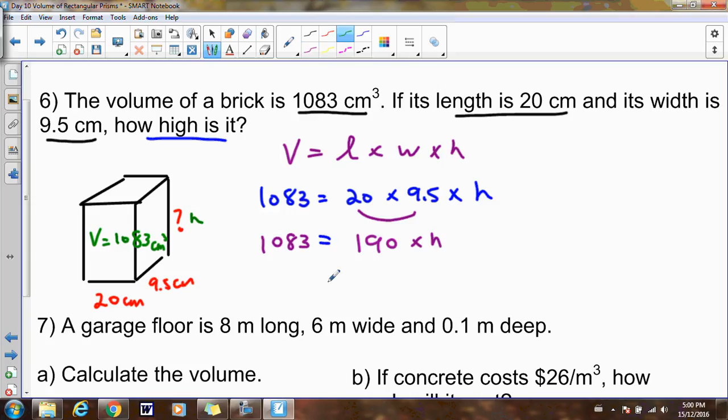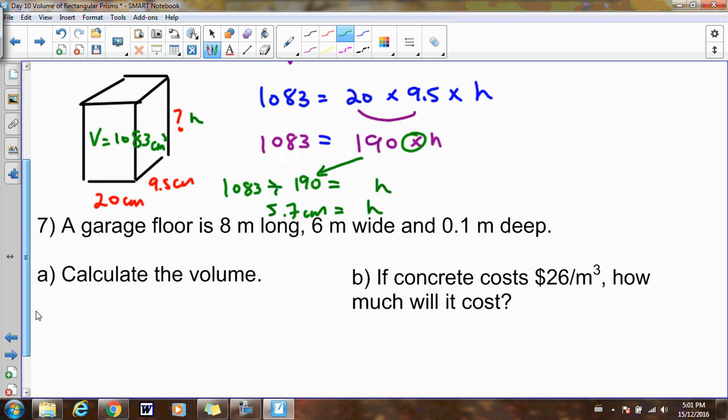Now to figure out the height, all you have to do is take 1,083, do the opposite of multiplying, which is divide by 190, and you're going to get the height to be 5.7 centimeters. It's a little bit tricky question because it doesn't ask for the volume, it asks for the height.